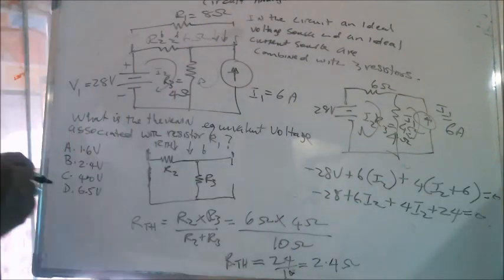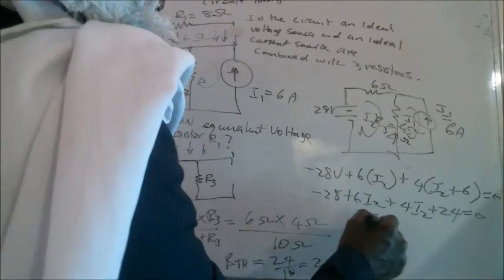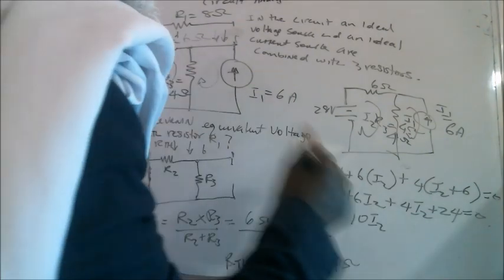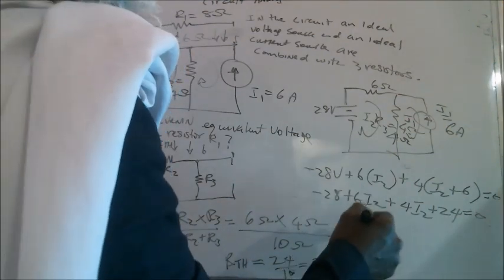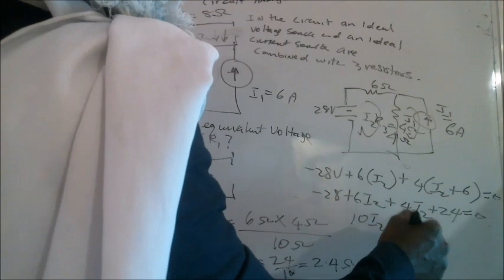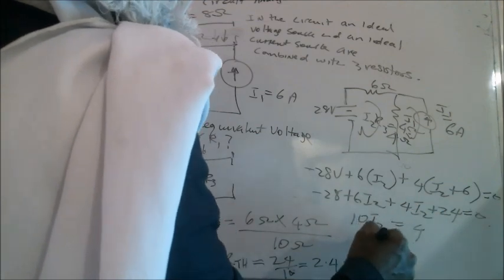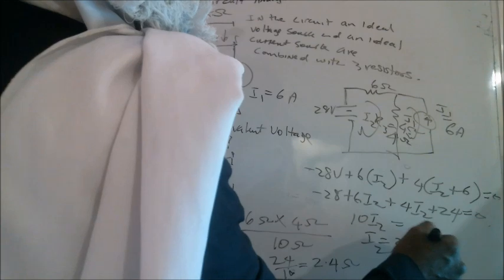If you add all the I2s, that becomes 10I2. Then minus 28 plus 24 is minus 4. Taking it to the other side, it becomes 4. So I2 is equal to 2/5, which is equal to 0.4 amps.